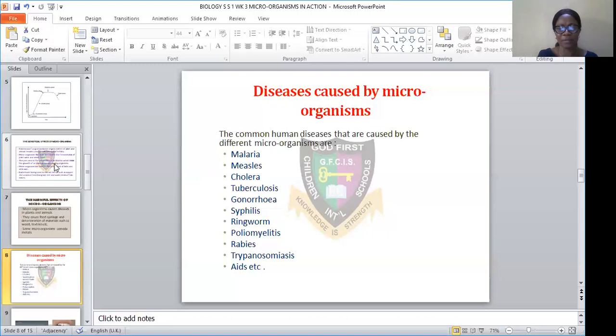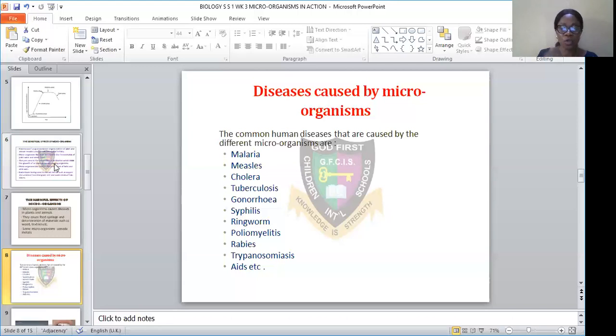Another disease-causing microorganism is rabies. Rabies normally is spread by the rabies virus. One gets infected once you are bitten by a rabid dog, that is, a dog that has that microorganism in him or her. And once a person is bitten by it, within hours, if not treated, it can also lead to death because of the kind of infection it's carrying.